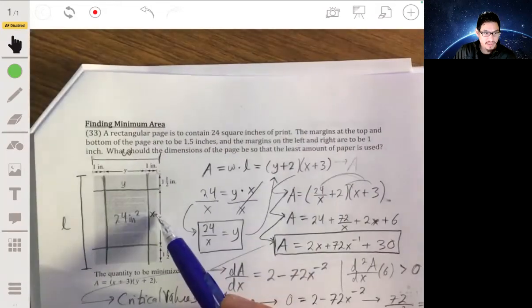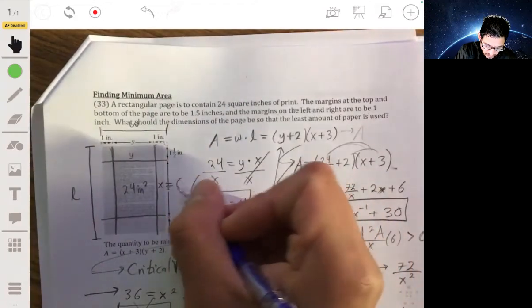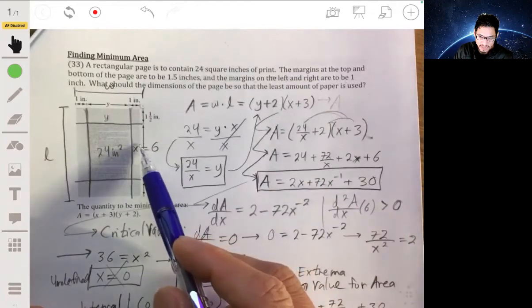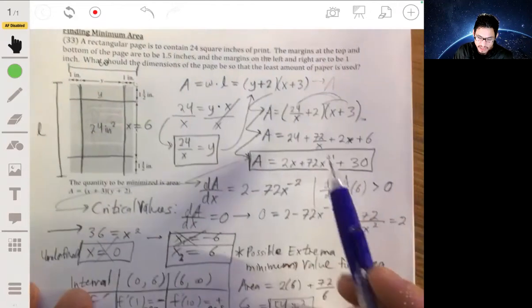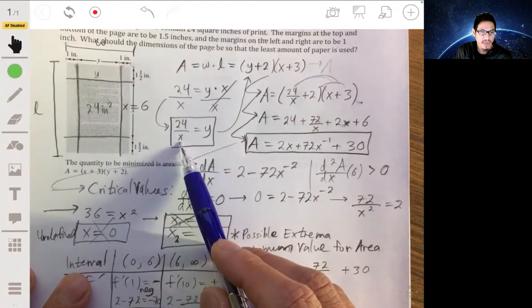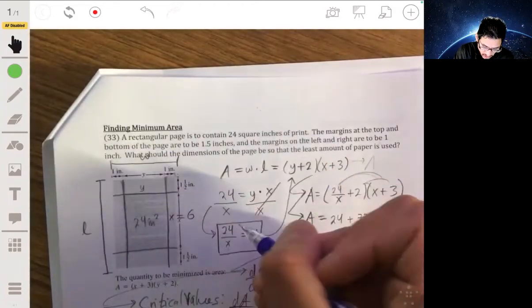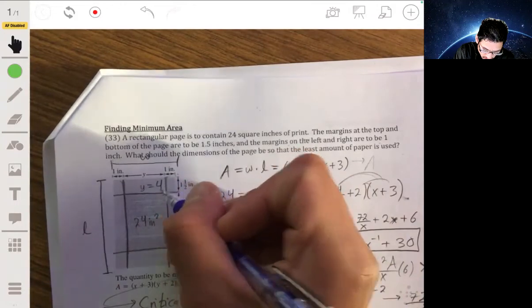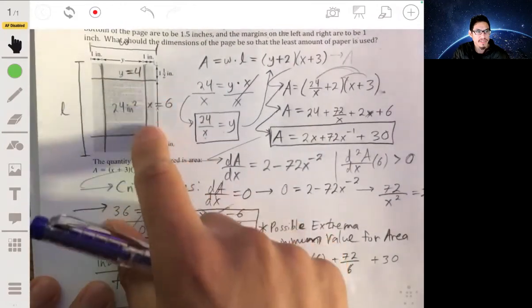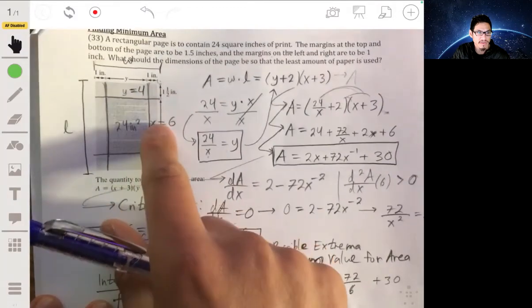So when x equals 6, remember we have an equation for y where it's 24 over 6, so y equals 4. So this would be 6, that would be 4, so that makes 6 times 4, 24.